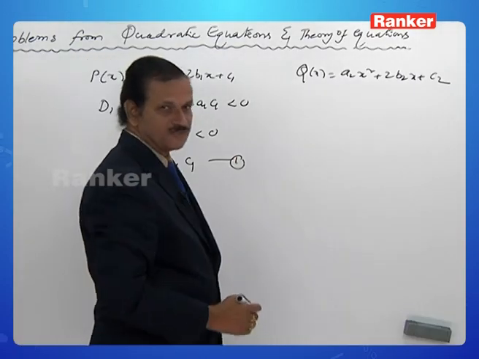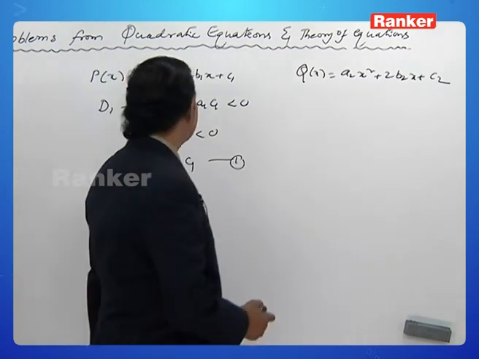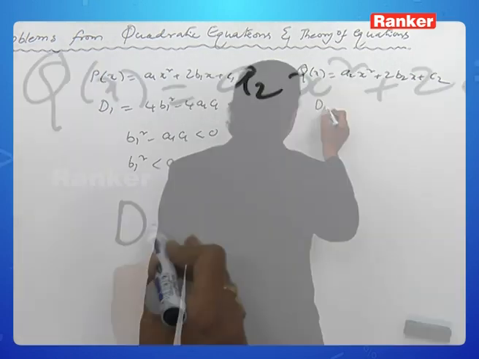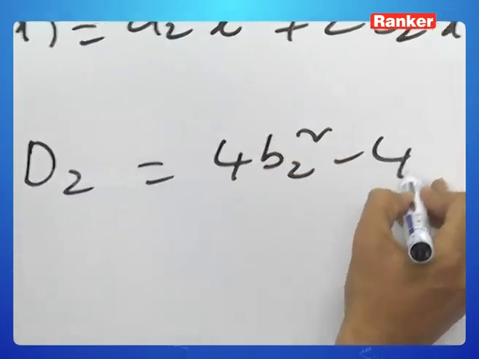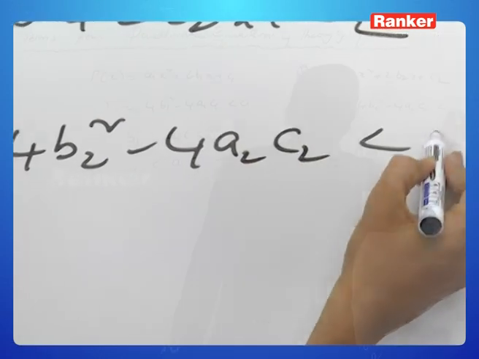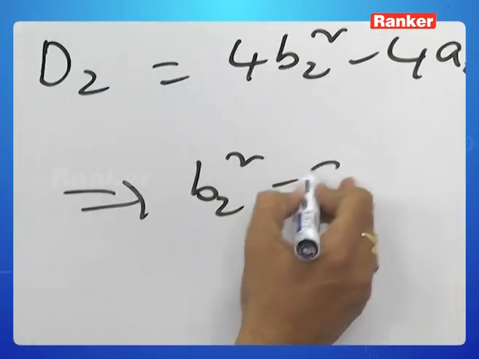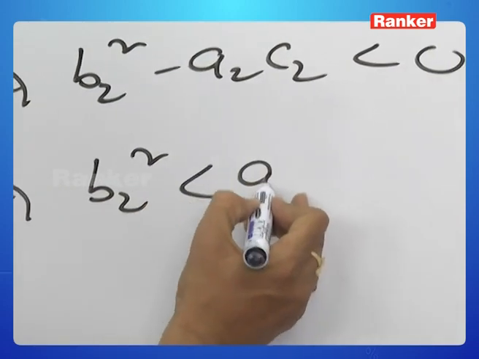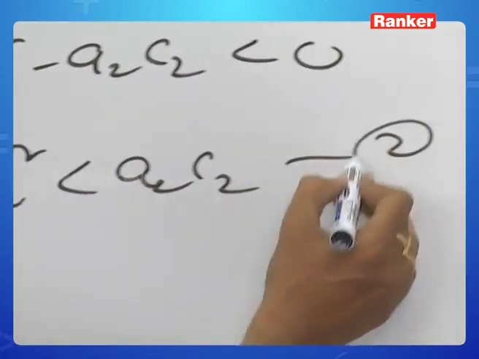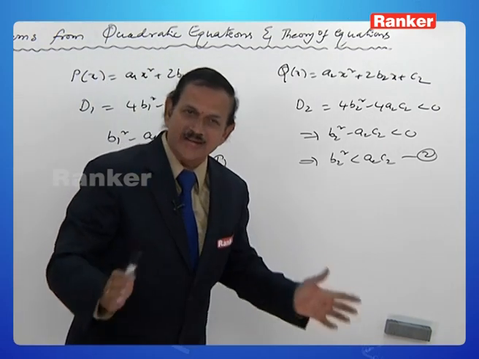In a similar fashion, same information has been given about q of x also. Hence, its discriminant, that is d2, that is 4b2 square minus 4a2c2 is again less than 0, implies b2 square minus a2c2 is less than 0, implies b2 square is less than a2c2. Call this relation 2. This is how we could have used the data.